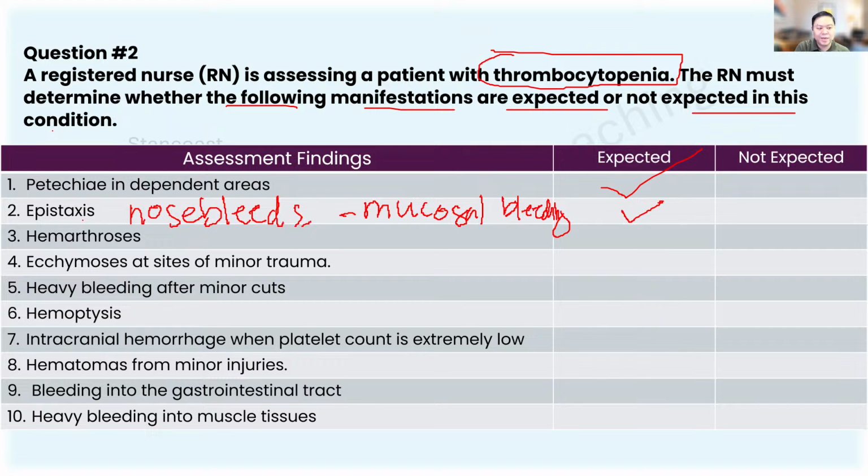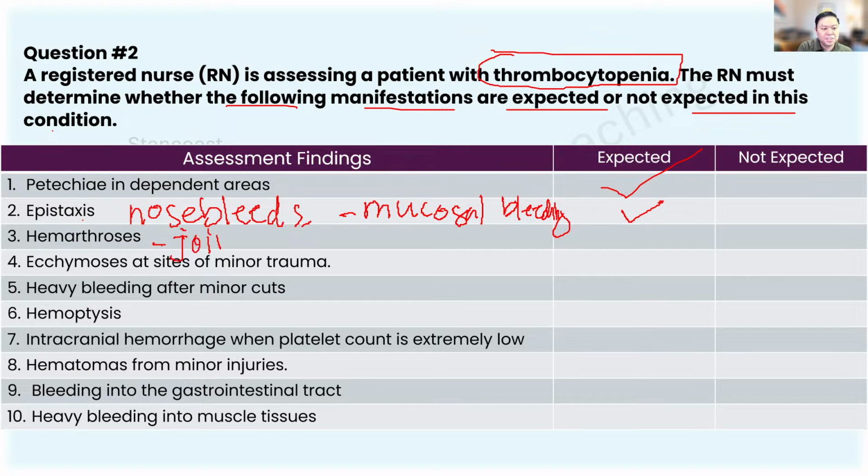What about number 3? Hemarthrosis. What is hemarthrosis? Let me check your answers. Sour and salty, all answered not expected for number 3. Nijay answered also no, not expected for number 3. That's good. All right. So, hemarthrosis, what is that? Hemarthrosis is bleeding in the joints, especially in patients with hemophilia.